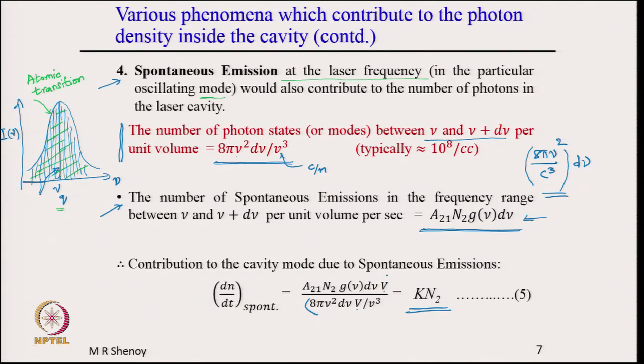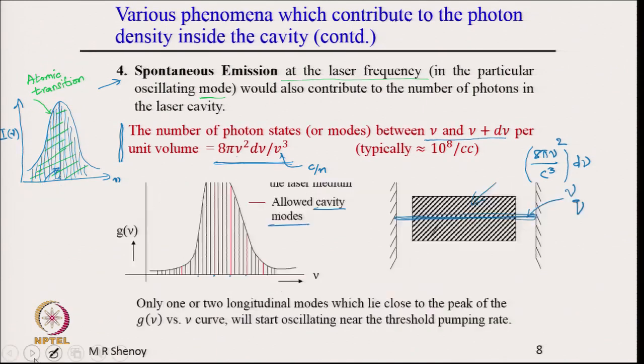We go back, the total number of photons due to spontaneous emission per unit time divided by the number of modes, spontaneous emission modes. That gives us the contribution due to spontaneous emission, which of course we will see later that is very small, because only a small fraction will go into the cavity mode.